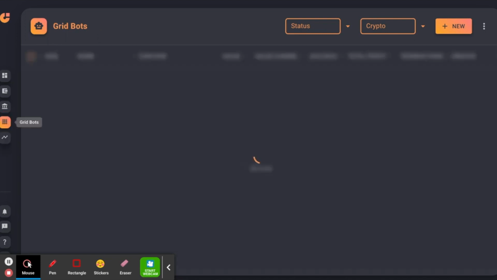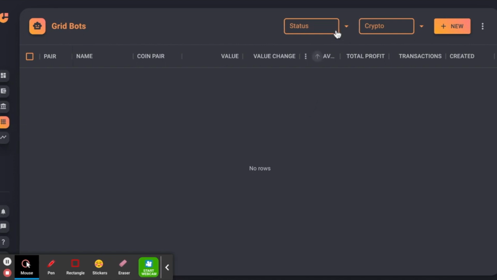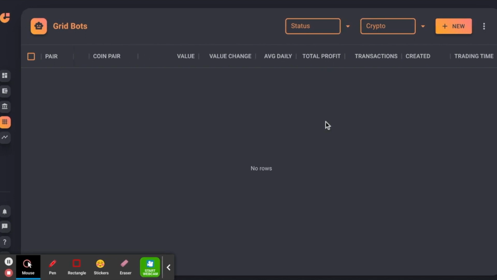your grid bots, those are going to be a specific area. Okay, so you have your grid bots, and you're able to see how many average daily transactions, your volume change. So you're able to kind of look at those and see what's going on with some of those as well.